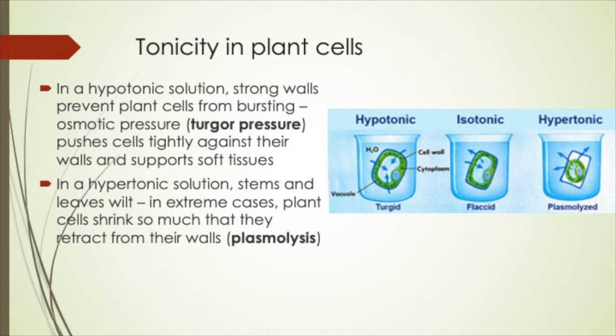So in a hypotonic solution, we have these strong walls that prevent plant cells from bursting, right? So in animal cells, we don't have cell walls. But in plant cells, we have these really strong cell walls, right? So osmotic pressure in plant cells is called turgor pressure, right?